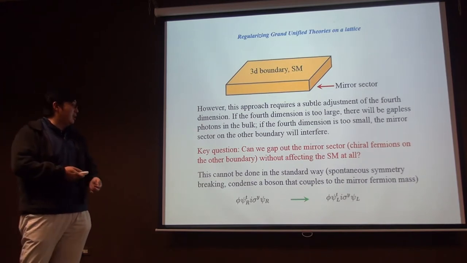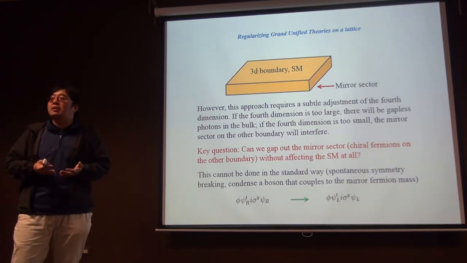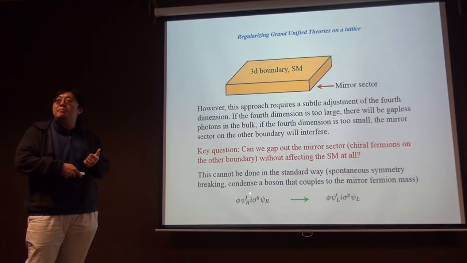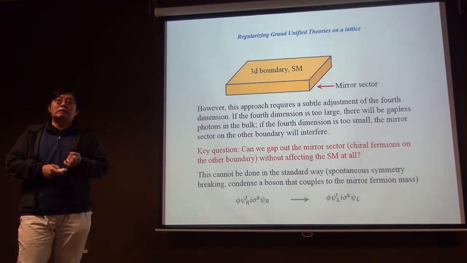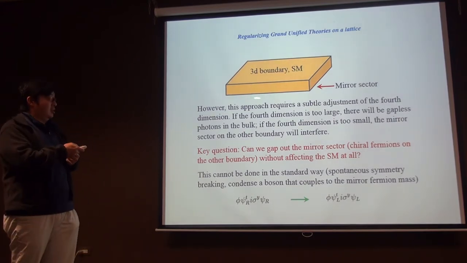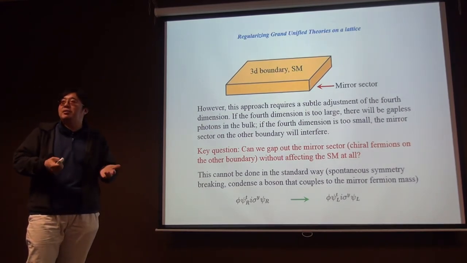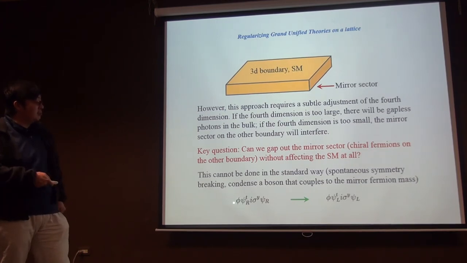The reason is that the most standard way to gap out some Dirac fermion or Weyl fermion is by condensing some boson, and the boson will couple to some mass term of the fermion. And for the chiral fermion, the mass term is precisely a pairing term, some kind of pairing term. So in the mirror sector, we can just condense the boson phi, which couples to this.